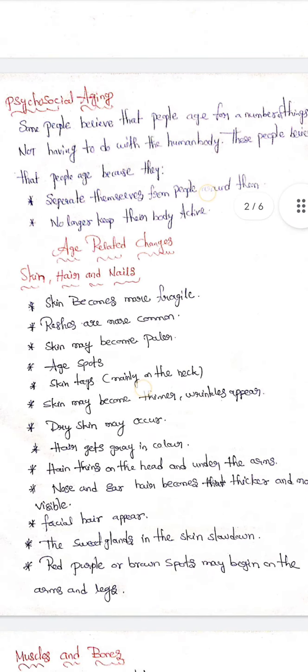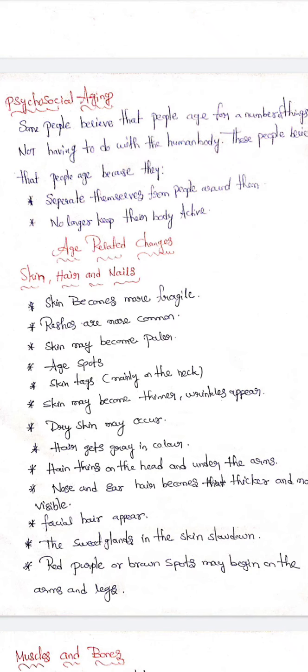So not only physical or biological factors, some psychosocial factors also affect aging. Some old people want to live separately because they cannot mingle with others, and that is also one factor which affects aging. Because of that, they cannot be active always, they will be thinking something and they look dull, they will not be active.